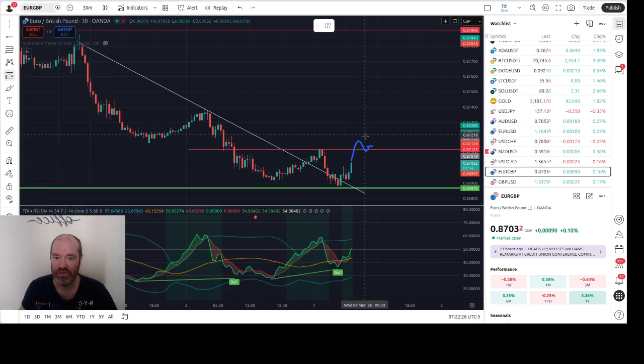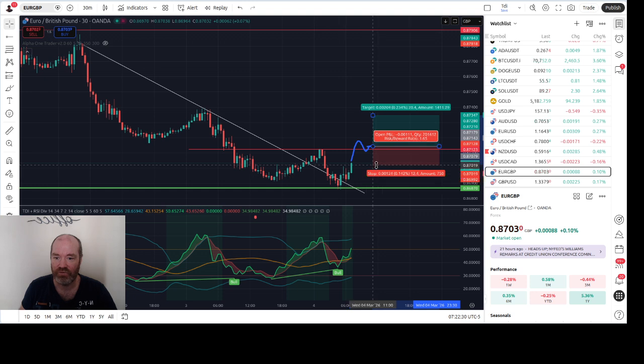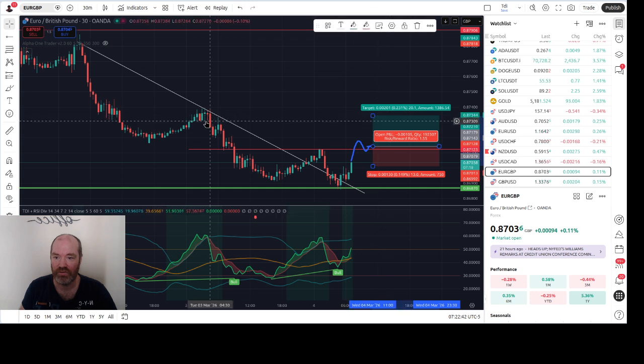Then I would go in with a trade like this. I would set a comfortable stop loss below something like this, and target 1.5 or something like this, around there. That will be a good trade for me. So if that comes, that's something I will do.